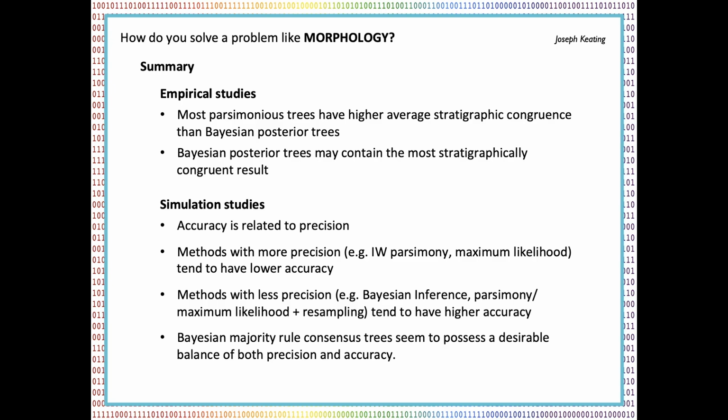Finally, there is some indication that Bayesian majority rule consensus trees seem to possess a desirable balance of both precision and accuracy. Hopefully, you have also noticed that there is substantial disagreement in the field as to what constitutes a realistic morphological dataset. We will consider this more carefully in the next lecture.